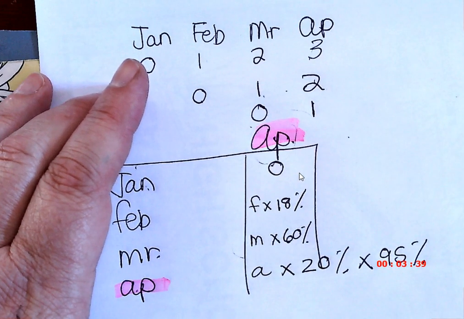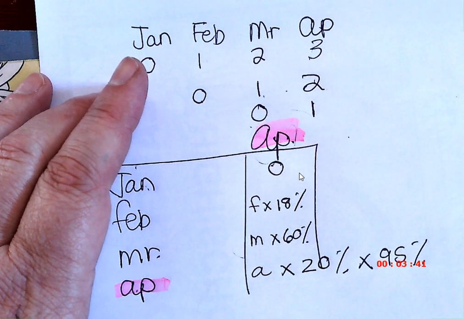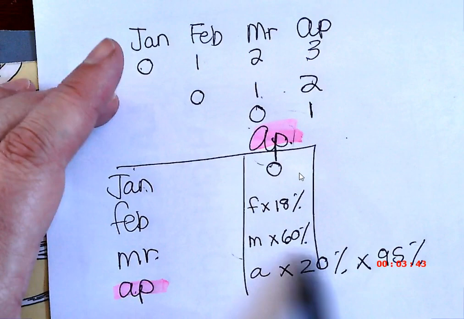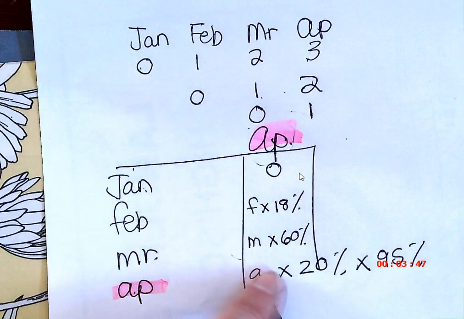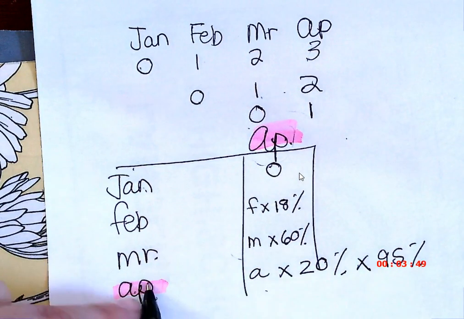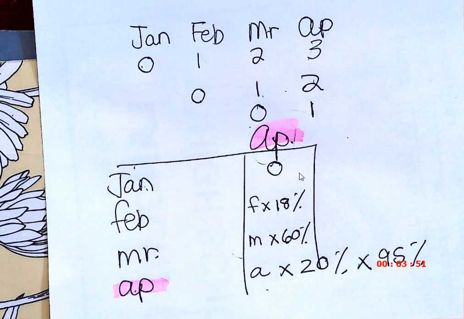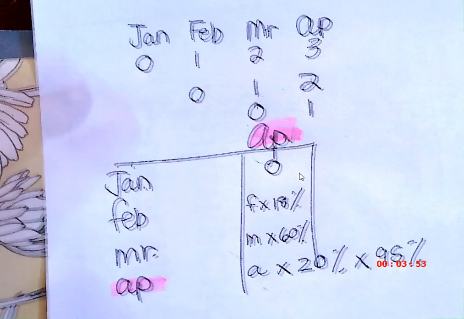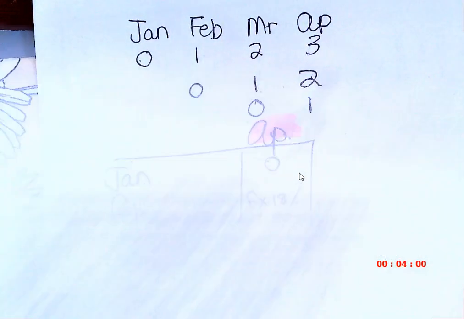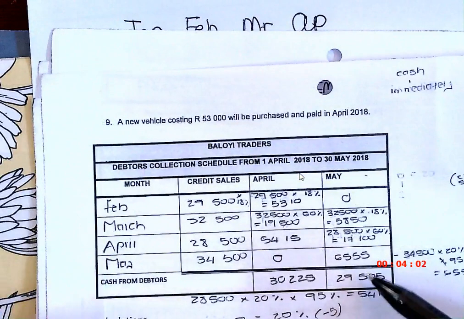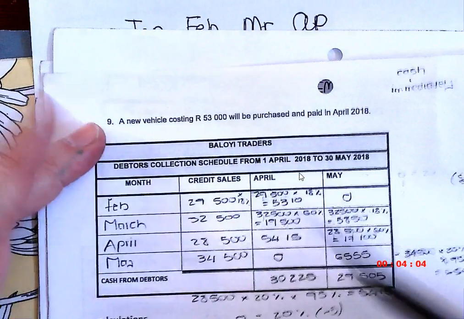So, can you also see if they gave me what I'm going to receive in April? If I work the inverse, I can get to the credit sales for April. Because most of the times what they're going to do is they will give you, like, obviously in tomorrow's test, it will be printed the months.